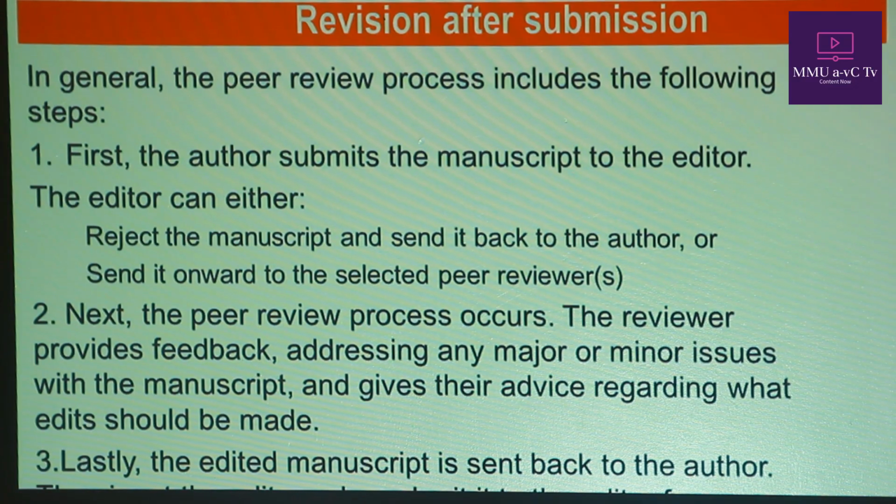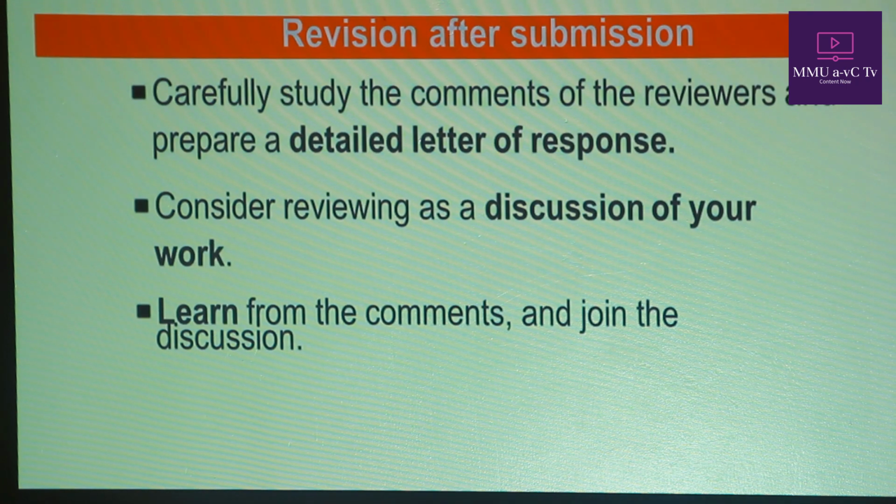The reviewer provides feedback, assessing any major or minor issues with the manuscript, and gives their advice regarding what edits should be made. Lastly, the edited manuscript is sent back to the author for revision.